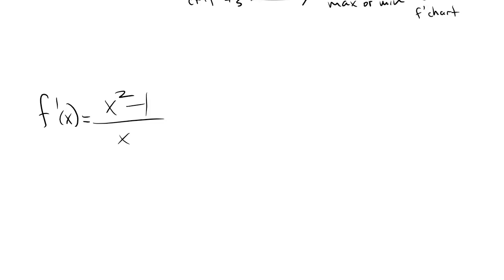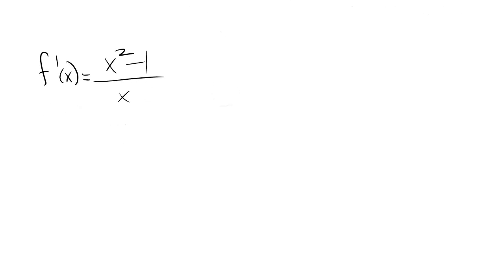A rational expression equal to 0 is when the top is equal to 0. A rational expression undefined is when the bottom is equal to 0. So our critical numbers would come from them separately. The top equal to 0 would give me plus or minus 1. The bottom equal to 0 would give me 0.